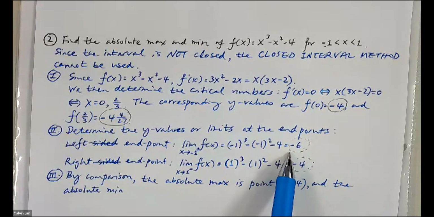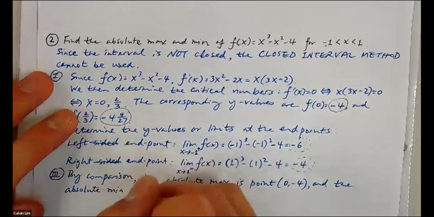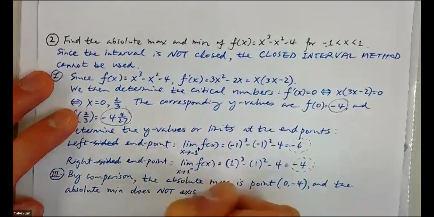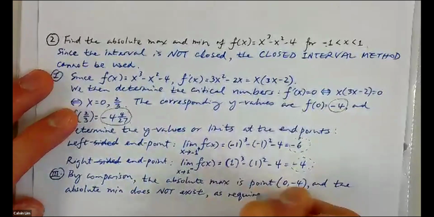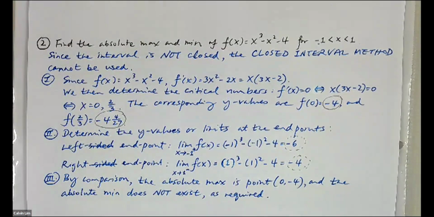So what does that mean? Does the absolute min exist? It does not exist. The absolute min does not exist, as required. So this is as much as you need to do to explain your steps, and your final answer.